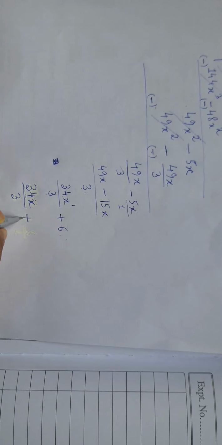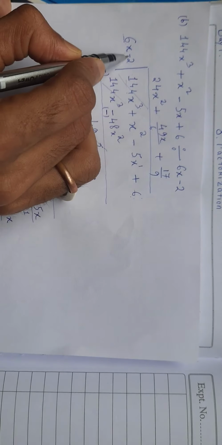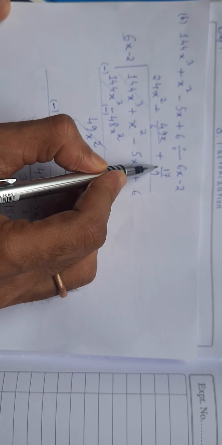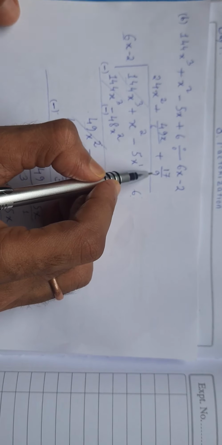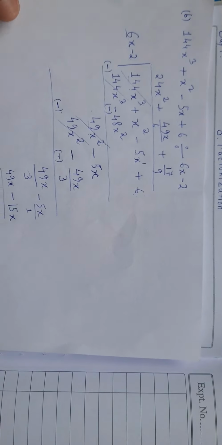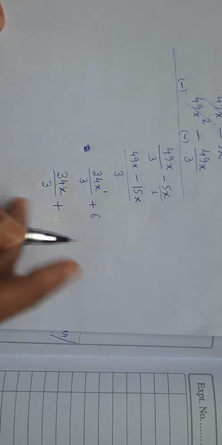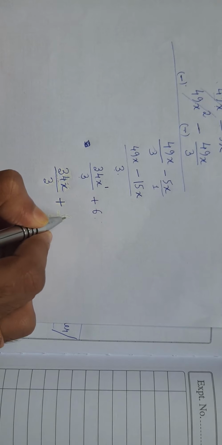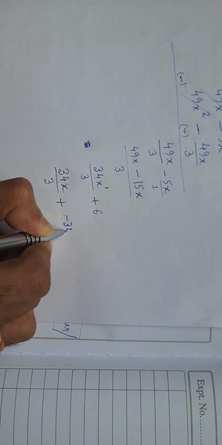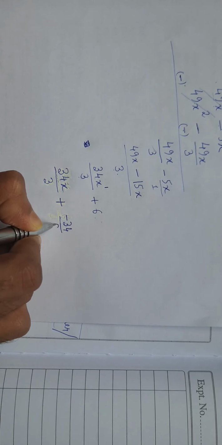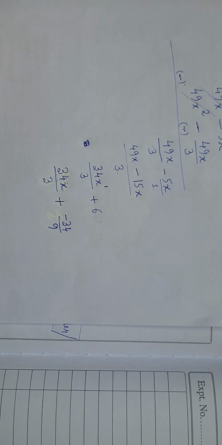Plus, now here you will find, when we multiply minus 2 with 17 by 9, we'll find the answer is minus 34 by 9. So we'll write minus 34 by 9.